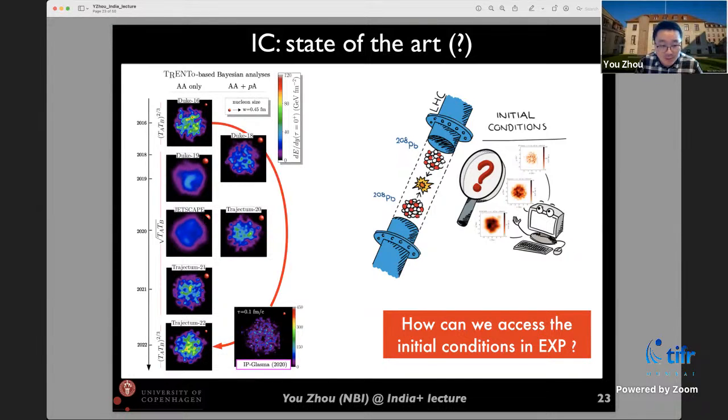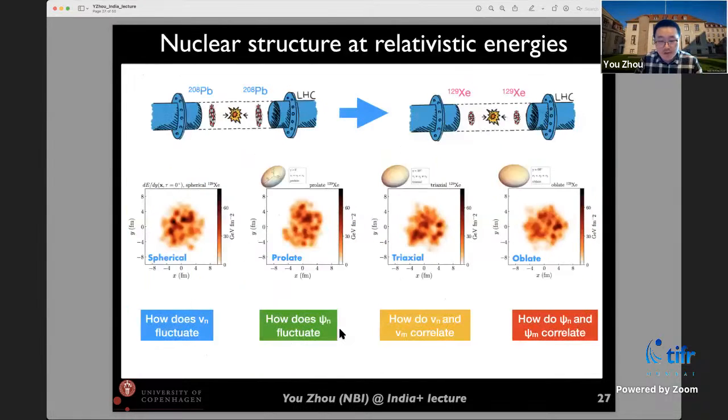And in JETSCAPE, it's even larger, back in 2020 and 2021, around 1.1 Fermi. And now in 2022, the TRENTo calculation starts to include the hadronic cross-section measurements and also the Vn-mean pT correlation. And they find that the nucleon width is actually very small. So this is what we know about the initial condition.